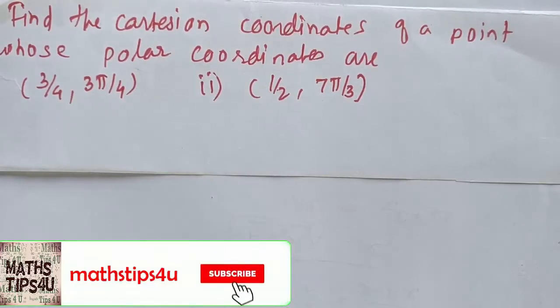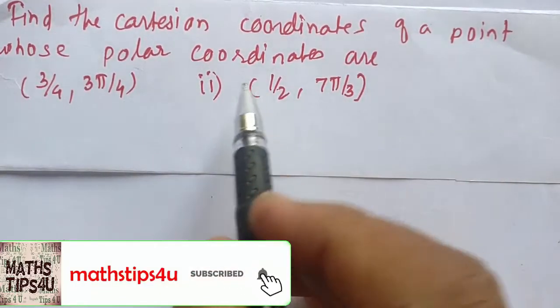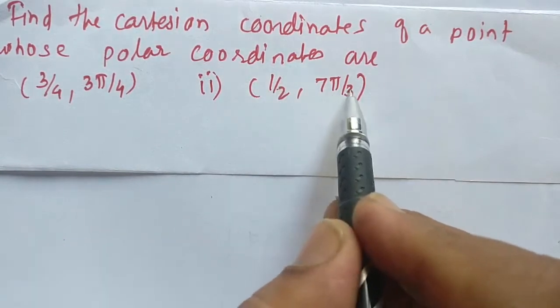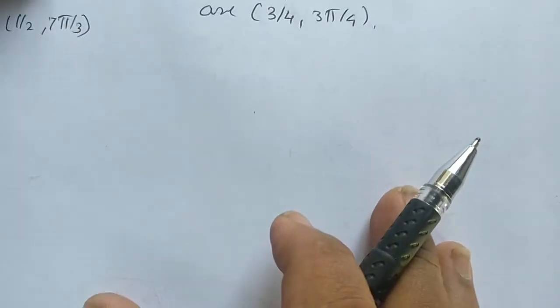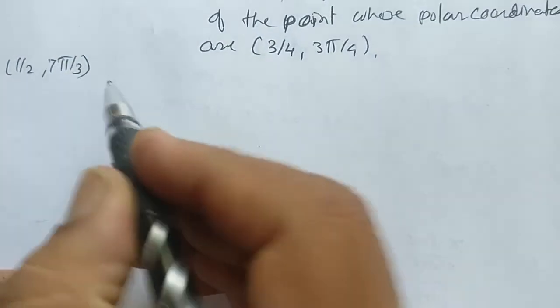See another example, number 2: 1 by 2, 7 pi by 3.